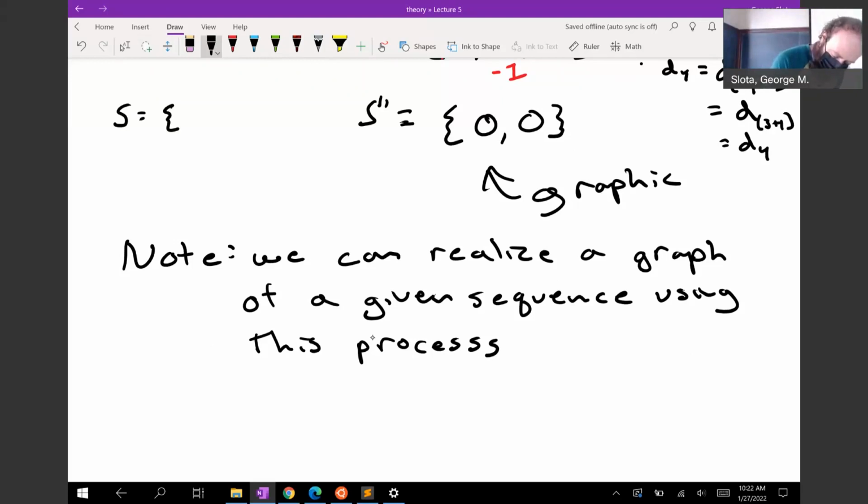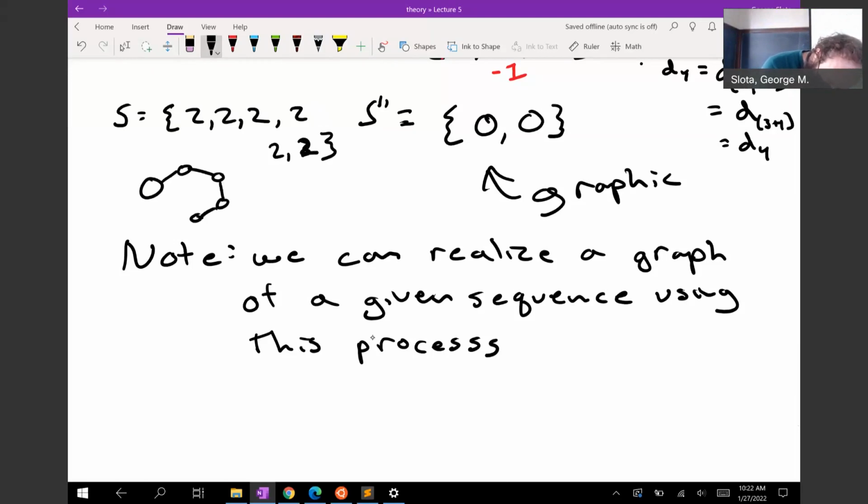If S equals 2, 2, 2, 2, I guess we need more 2s, 2, 2 and 2, 2. We could have a cycle of length 6 or 2 cycles of length 3.